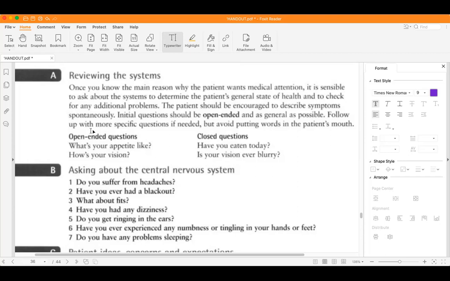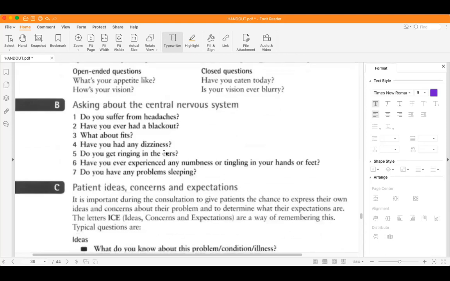So these are called open-ended questions and these are called closed questions. Follow up with more specific questions if needed, but avoid putting words in the patient's mouth in order to give the patient the chance to describe everything and to give vent to everything he or she feels. Asking about the central nervous system.